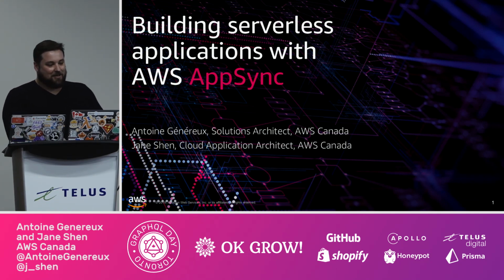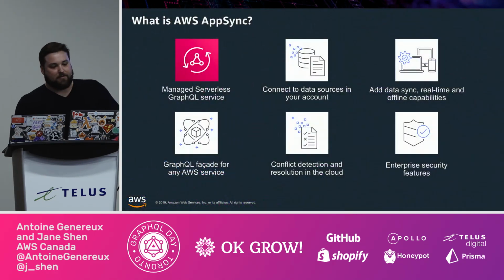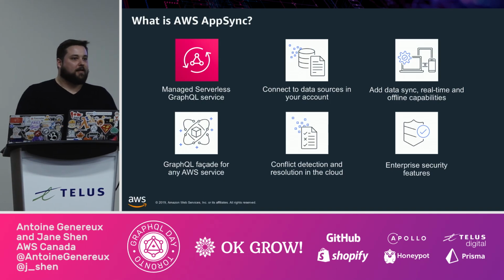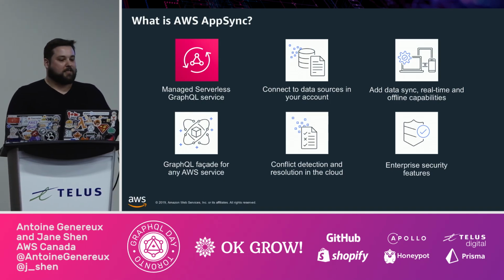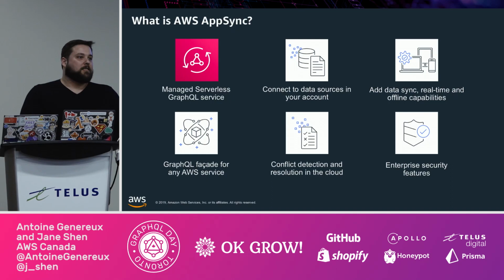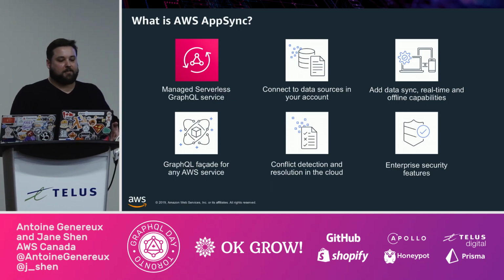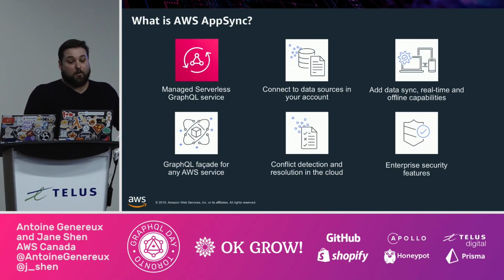That's awesome. So for those that might not know, AWS AppSync is a managed serverless GraphQL backend for mobile, web, and enterprise applications. It allows you to easily connect your different data sources and backends and present a single API endpoint to your clients. Effectively, AppSync is a managed GraphQL endpoint. It's a managed GraphQL server.